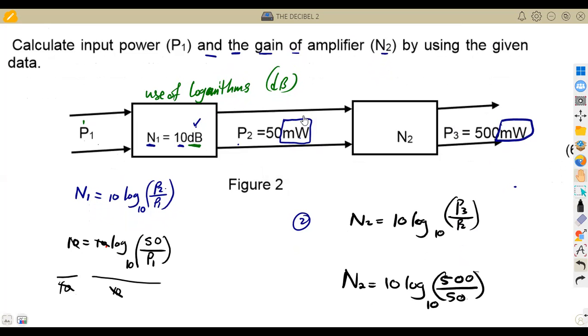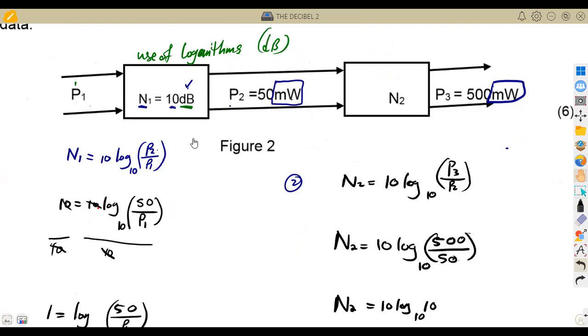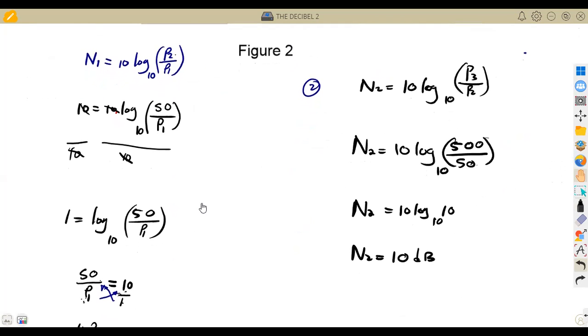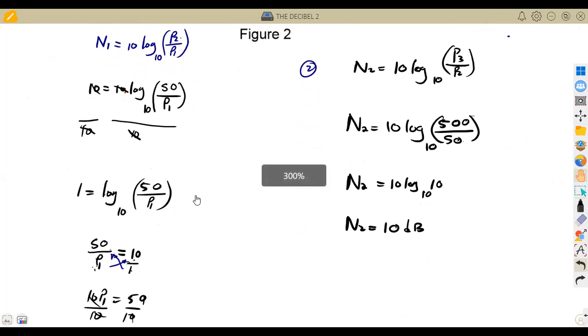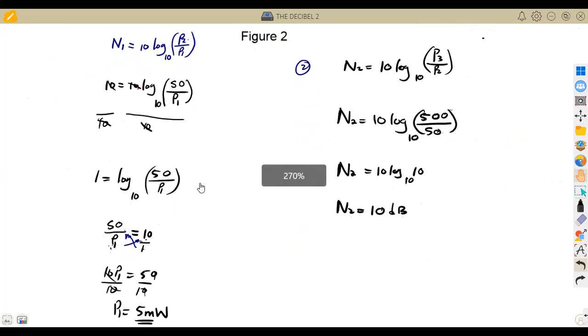Sometimes they might interchange it just to confuse you. So make sure you analyze your diagram before attempting any question you are given. That is exactly what you need in order to answer these typical questions. So let's revise this as we are preparing for exams, because we might have a similar scenario like this one.